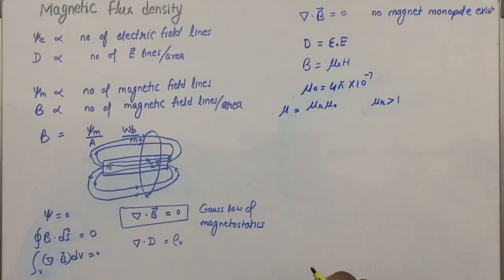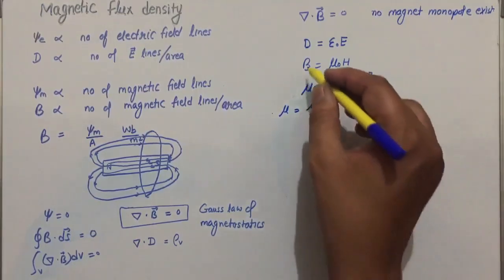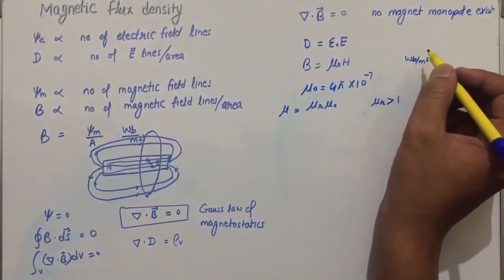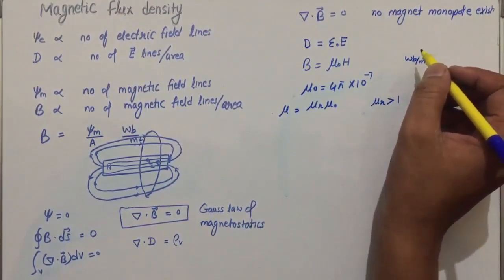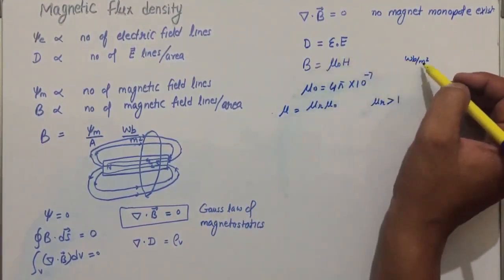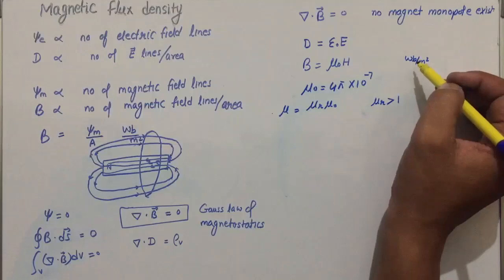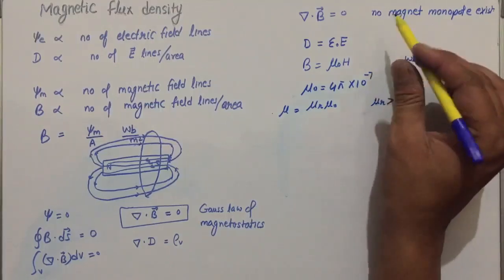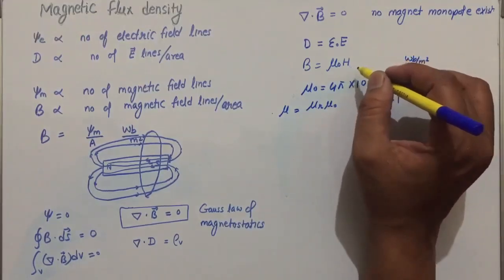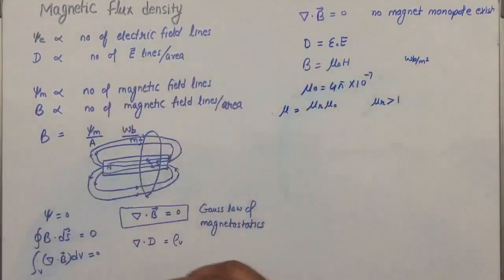From here we can find that the unit of B is Weber per meter square, and B depends on the medium, whereas H is independent of the medium. So these are a few points regarding the magnetic flux density and the terms related to it.